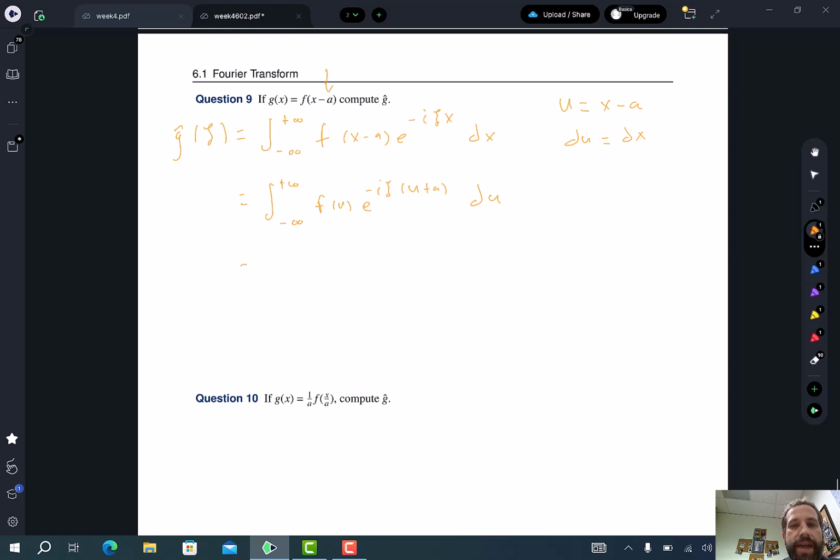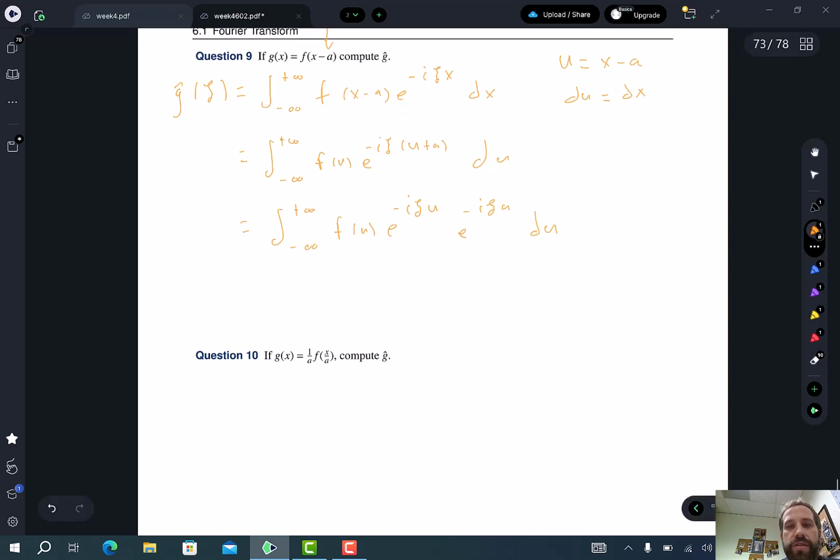Okay, but now I can split this exponential into two pieces, and I can pull one of them out. I'll just stop being lazy and rewrite the whole thing. So this is going to be the integral from minus infinity to positive infinity, f of u, e to the minus I c u, e to the minus I c a du.